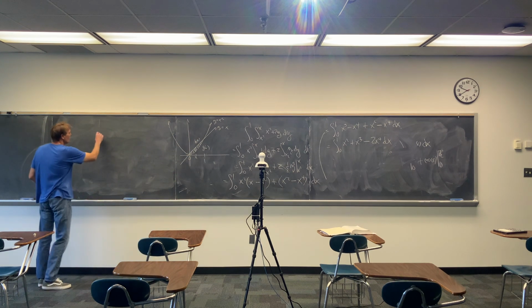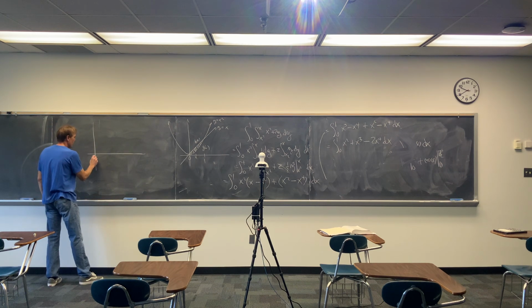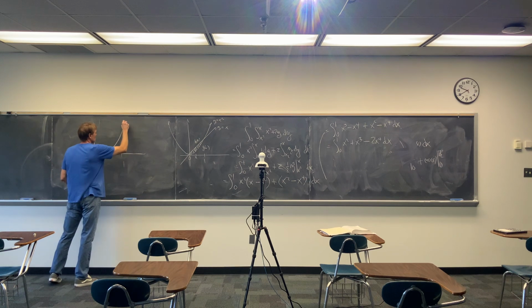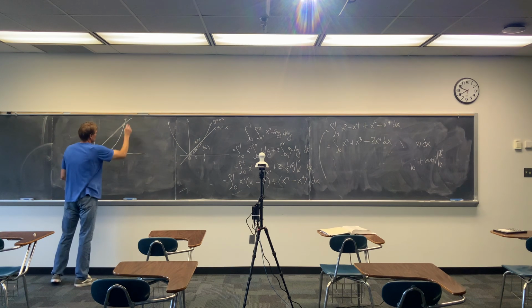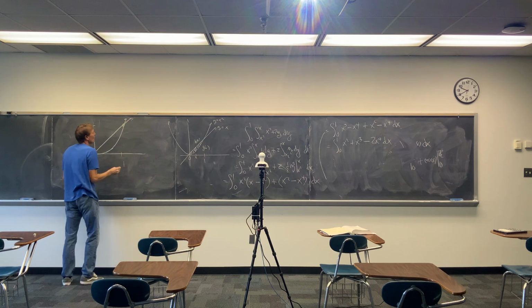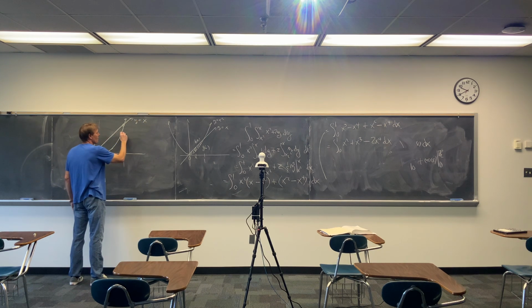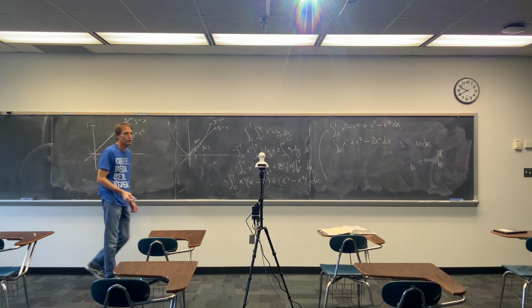I'm going to blow up my domain. Make it a little bit bigger, easier to see. Now this is the curve y equals x, and that's the curve y equals x squared.